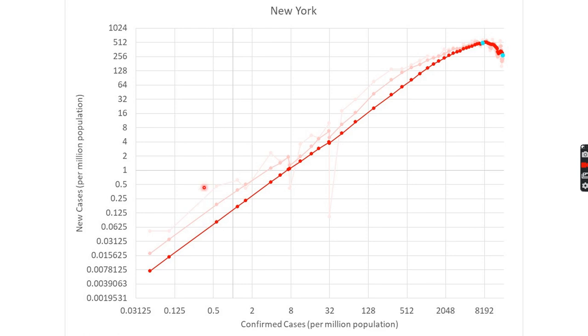So that's why you see this separation here, and it continues basically until exponential growth starts to be mitigated, and then it begins to converge a little bit. Okay.